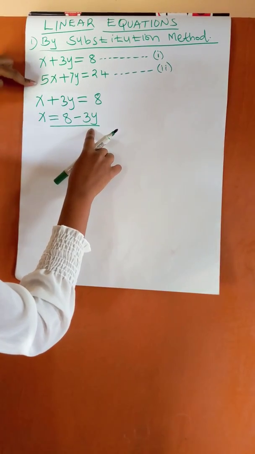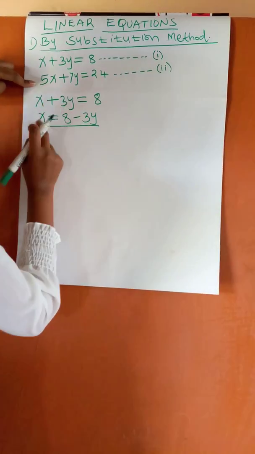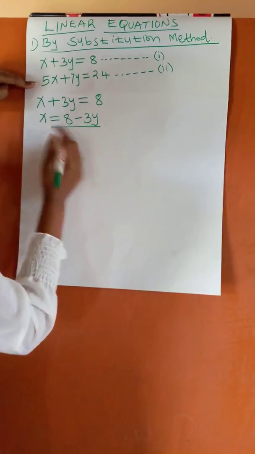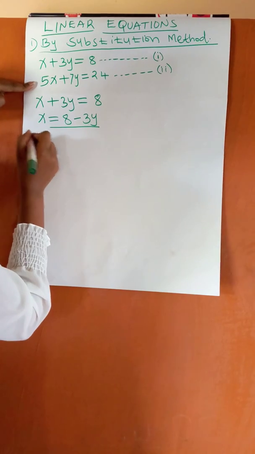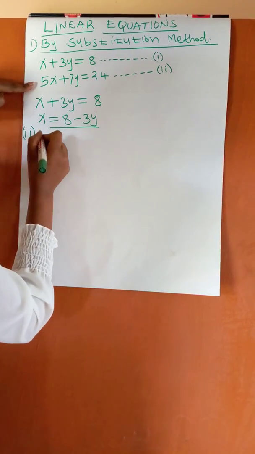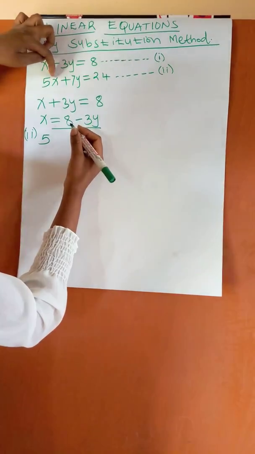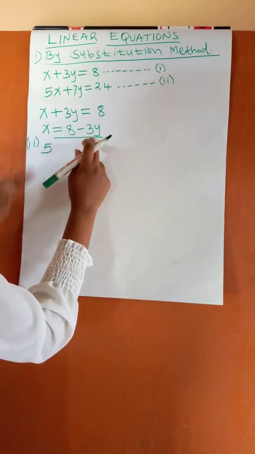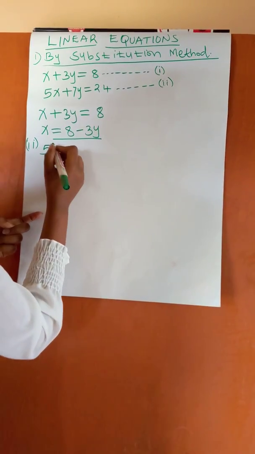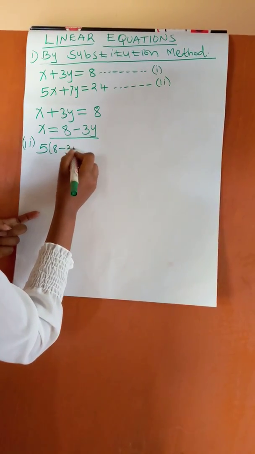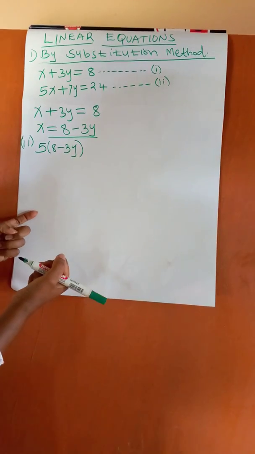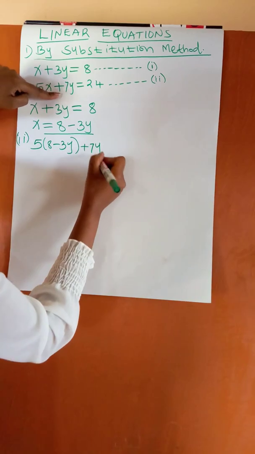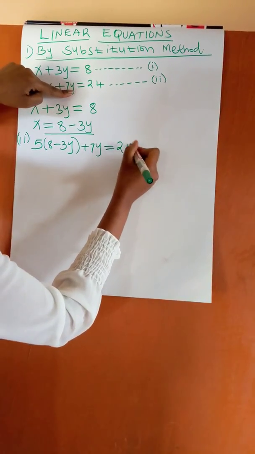So we move to equation 2, and where there is x, we replace it with 8 minus 3y. So we start here, you have equation 2, that is 5, then x, variable x, you already found an expression for that. So instead of writing x, we replace it with 8 minus 3y. We close the bracket. Then we have positive 7y, and then we have equal to 24.